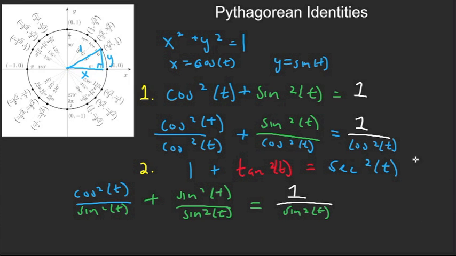Okay, so we know again that this is cotangent squared of t plus the sine squareds cancel out, so this becomes 1 equals, this is cosecant squared t. So this is our third equation. Okay, so now let's apply these new equations that we learned into some examples.